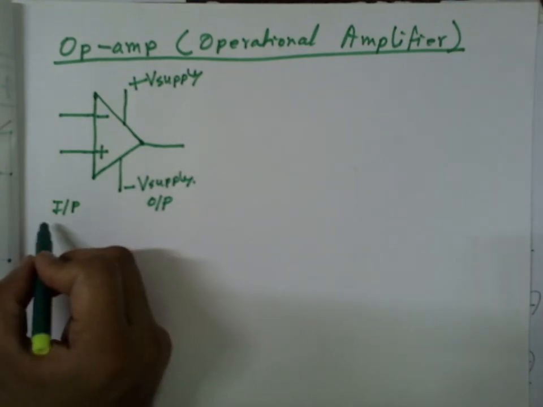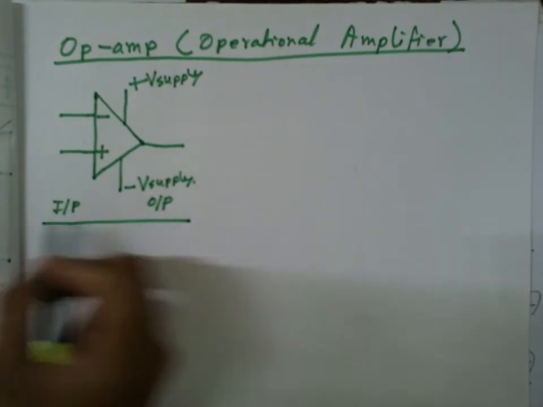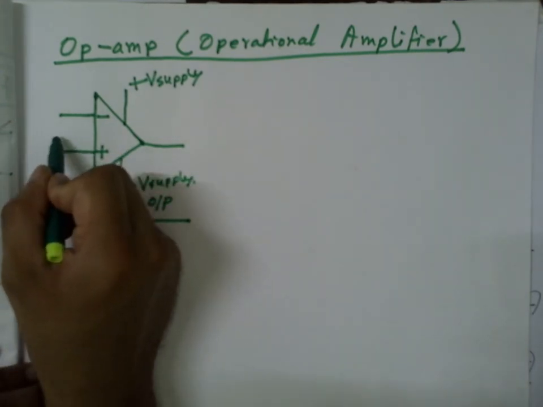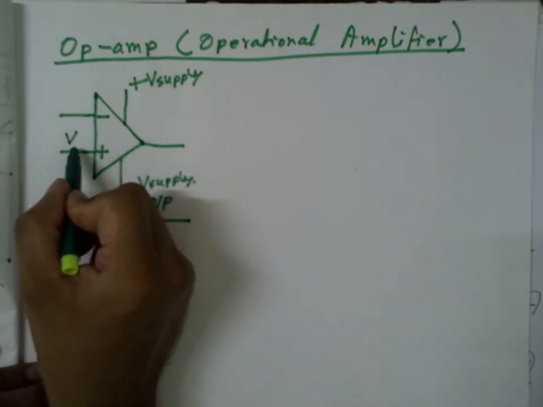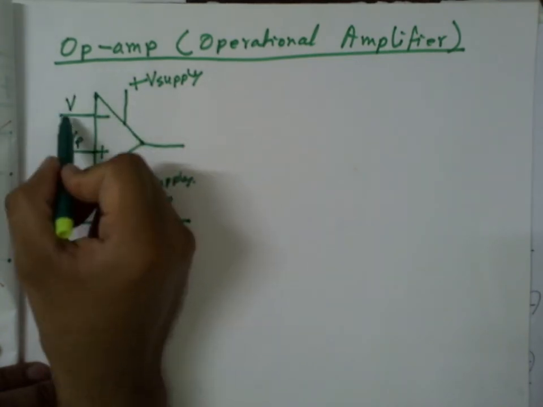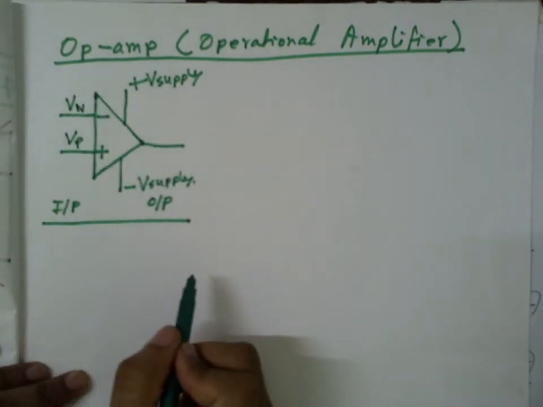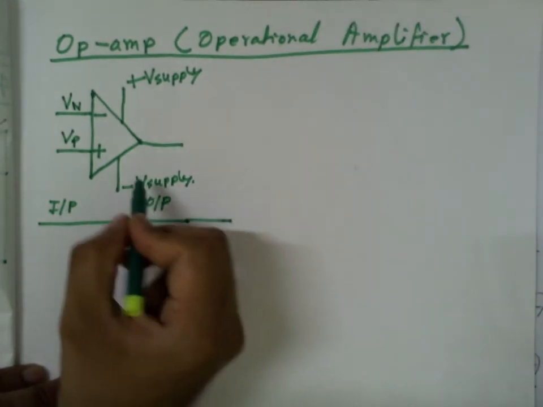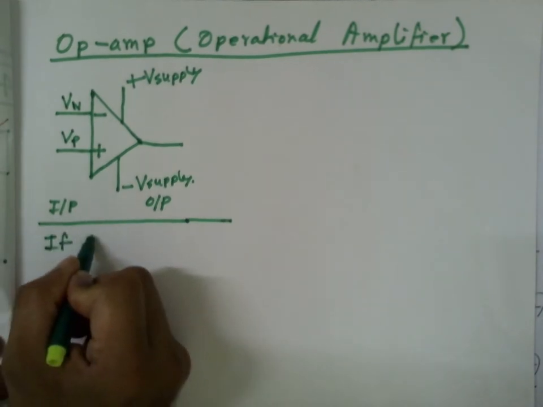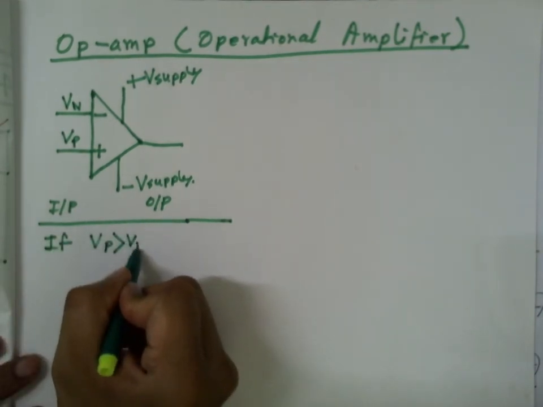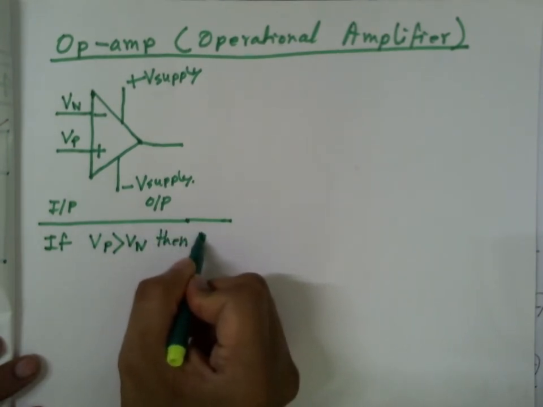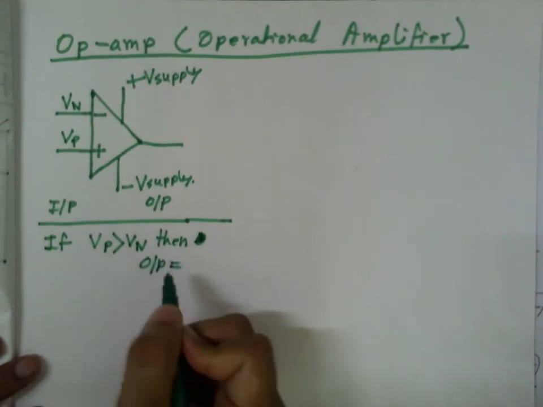It works based on a very simple principle. Let me denote the voltage given at the plus terminal as Vp, and the voltage at the minus terminal as Vn. The op-amp works on the principle that if Vp is greater than Vn, then the output is positive, equal to plus V supply.